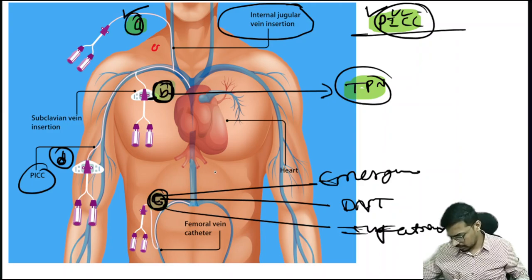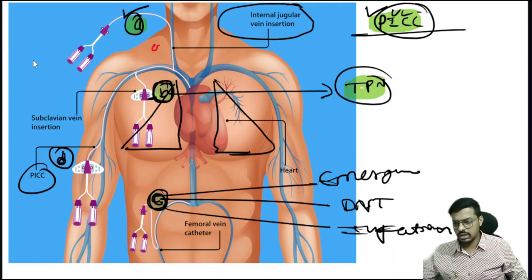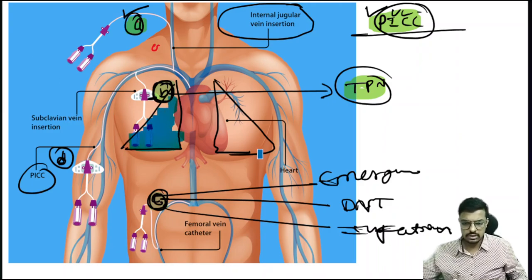Okay, so frequently asked questions. Almost all our points are clear here, right? One more question: if you are inserting a central venous catheter in the emergency, and the patient suddenly gets respiratory distress, consider these two are the lungs.